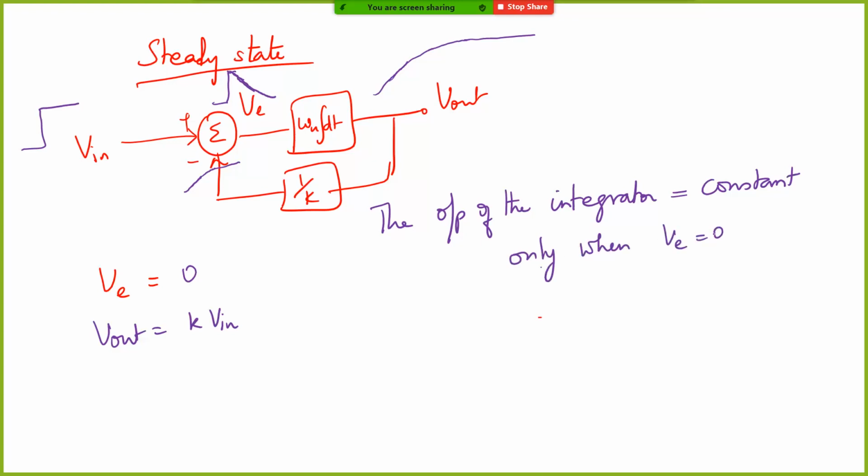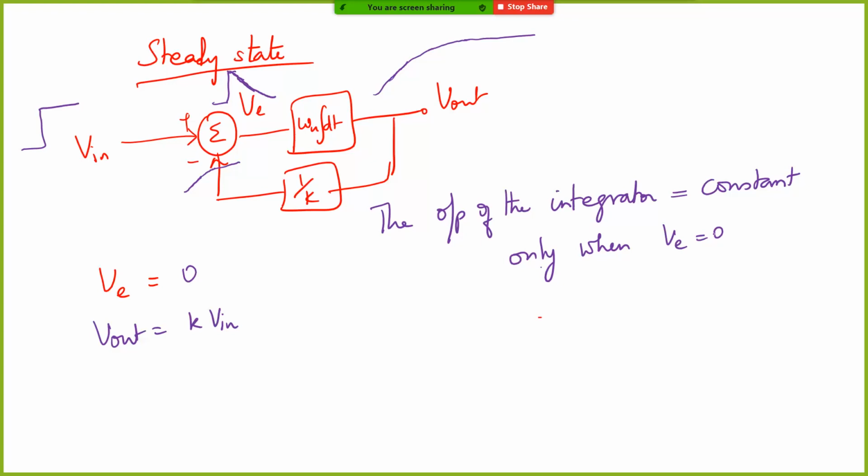Is this clear? It is an integrator. When will the integrator become a constant value? It will become a constant value only when the input to it is 0. If the input to it is negative, it will start decreasing. If the input to it is positive, it will start increasing. But the output of the integrator will remain constant only when the error voltage is 0.